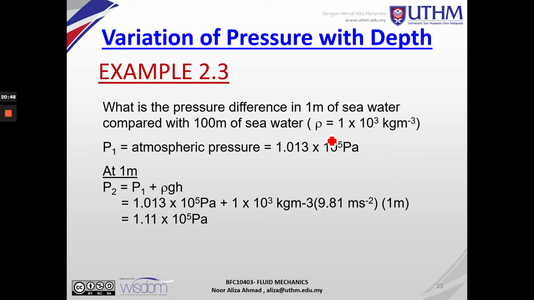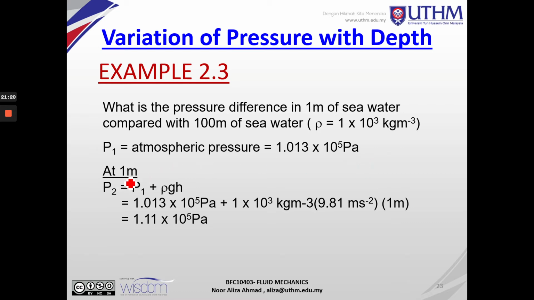So the density of the seawater is this one. P1 is atmospheric pressure, equal to 1.013 times 10 to the power of 5 pascal.